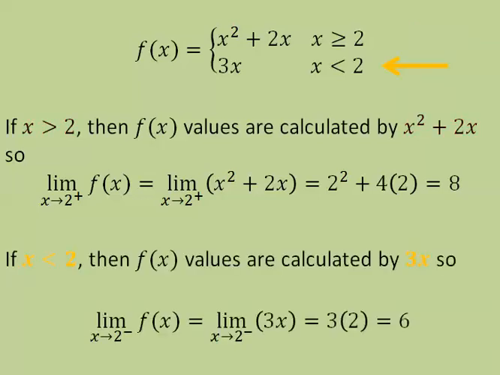On the other hand, if x is less than 2, then f of x values are calculated by the bottom expression, 3x. So the limit as x approaches 2 from the left is equal to 6.